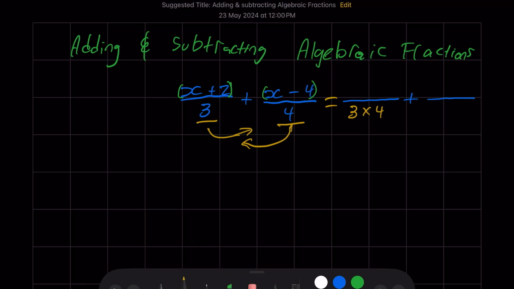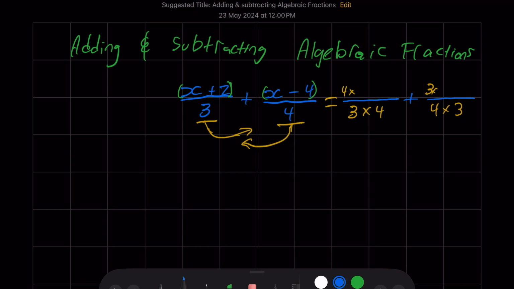Because we're multiplying our 4 on the bottom, we have to multiply our 4 on the top. And on the second bracket, we have got 4 times 3 because we have moved our 3 over to the right. Because we multiplied with 3 on the bottom, we need to multiply with 3 on the top.